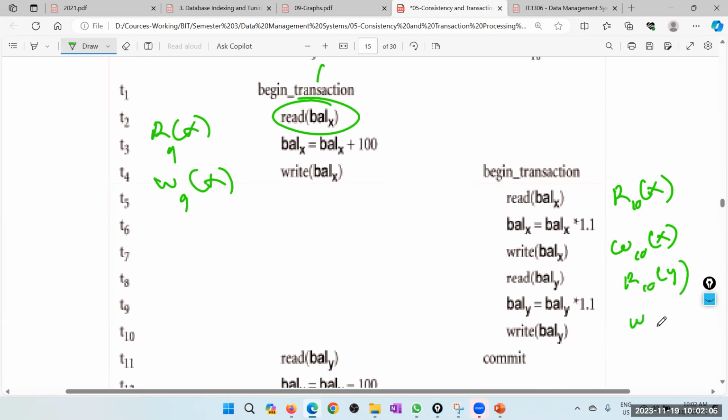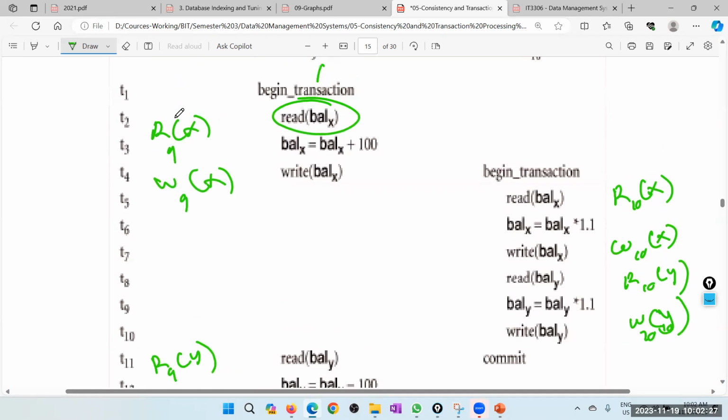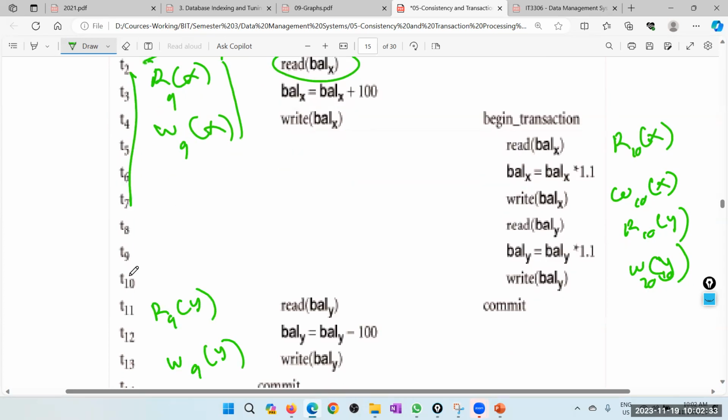This is a write by transaction 10, Y data. Now we are coming back to transaction 9. It's a read by transaction 9, Y data. This is a calculation. Write by transaction 9, Y data. Now you can just concentrate on this, which is much simpler.